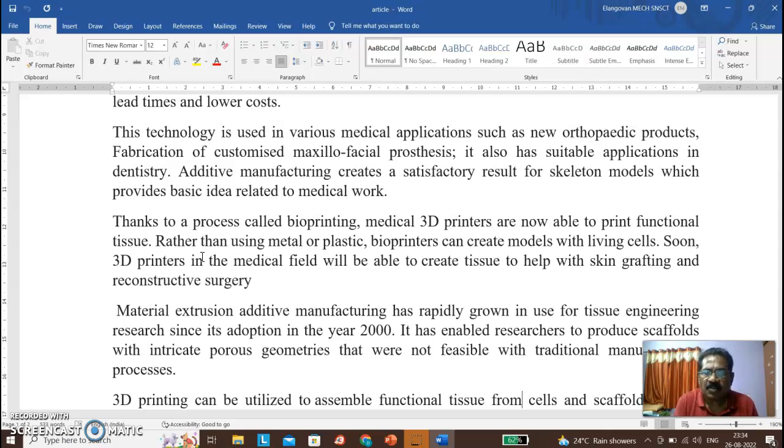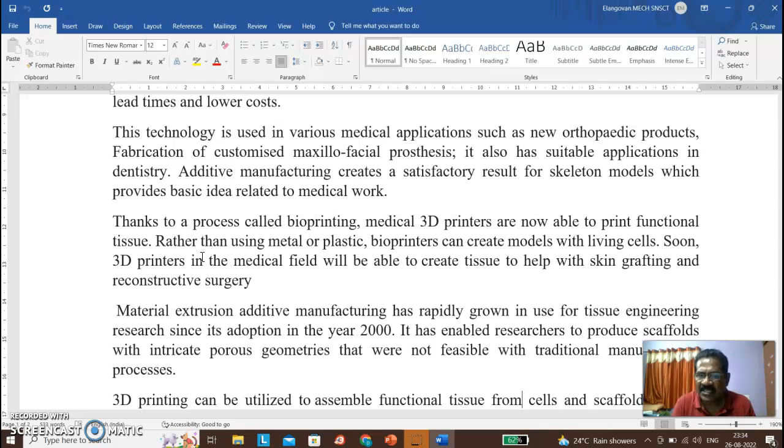Now, thanks to the process called bioprinting, bioprinting or medical 3D printers are now available to print functional tissues. The tissues can be grown. On one side, the medical industry is looking for applications. On the other side, the technology of layer by layer printing is there.